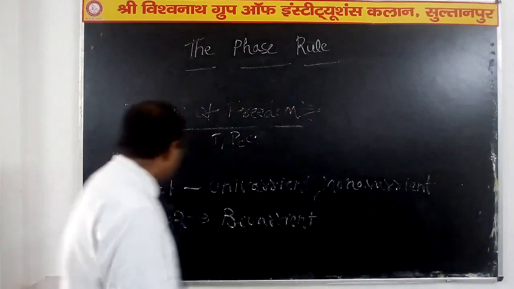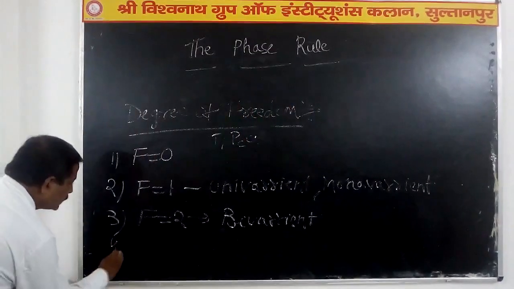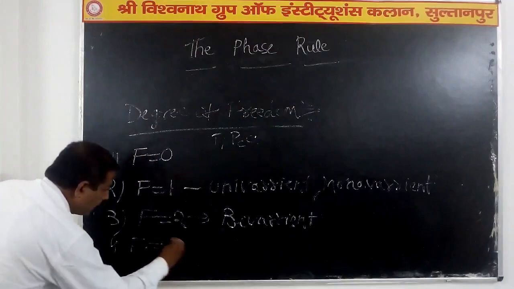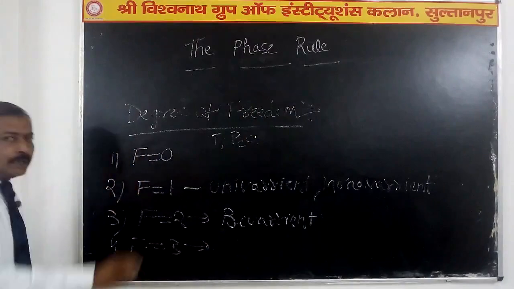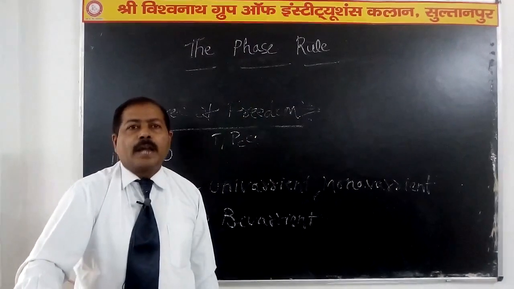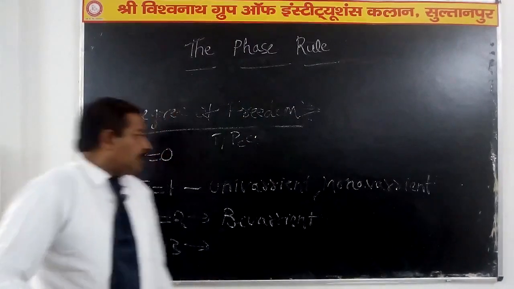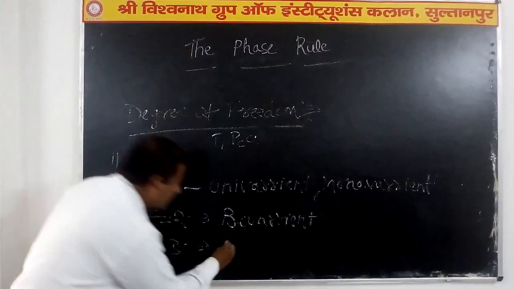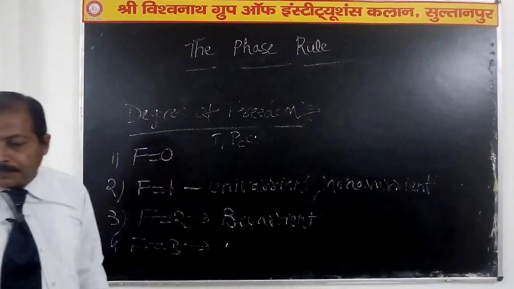Now let us take the third condition, that is when the value of F equal to 3. It means the degree of freedom of a particular system is 3, that is trivariant.